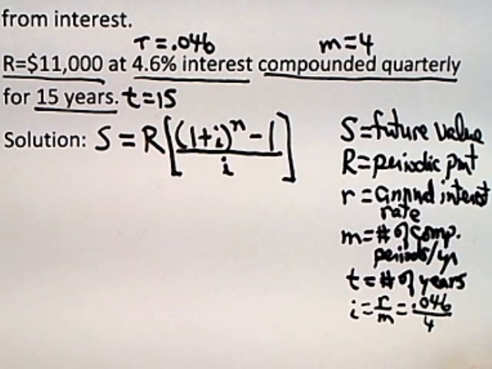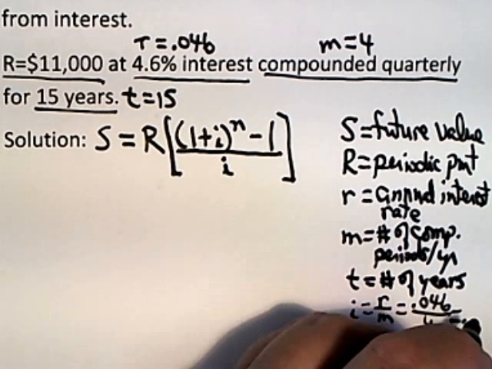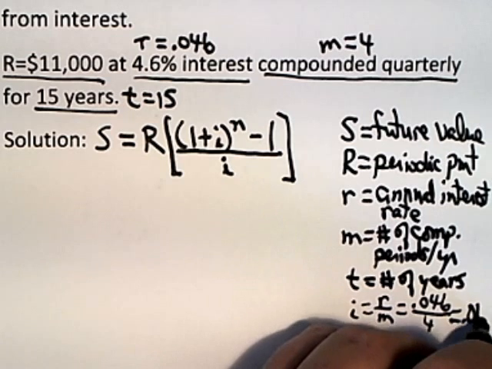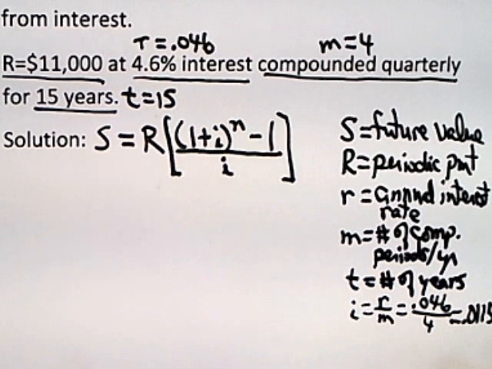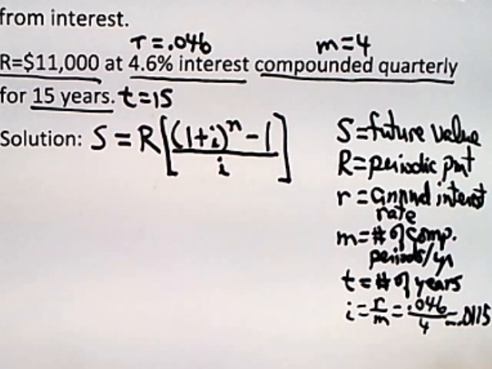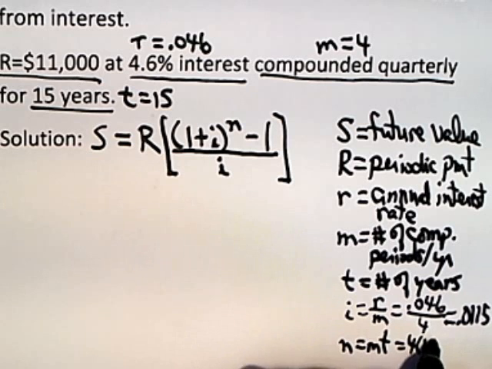When you divide that out, you end up with 0.0115. Okay, and little n is m times t, which in this case would be 4 times 15. So 4 times 15 is equal to 60.